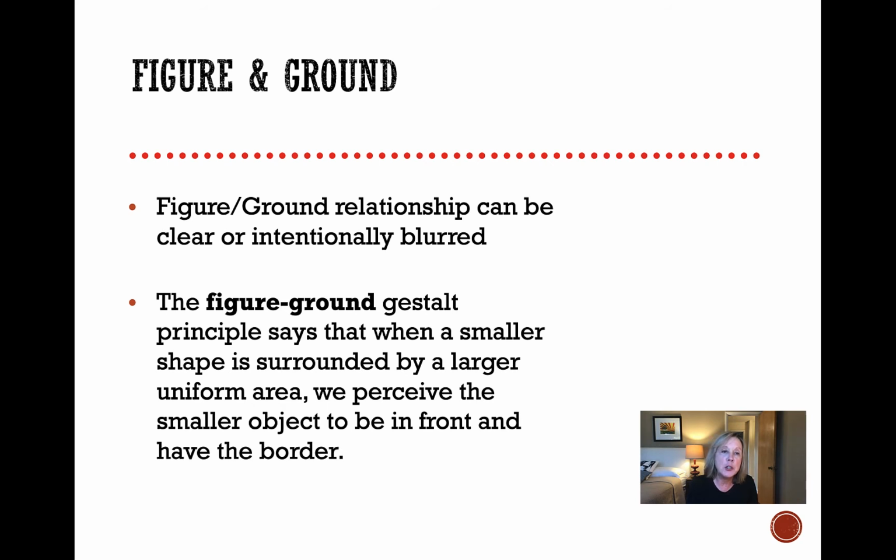But the Gestalt principle also says that when a smaller shape is surrounded by a larger uniform area, we perceive that smaller object to be in front and to have a border. I'm going to give you a classic example of this in a second.